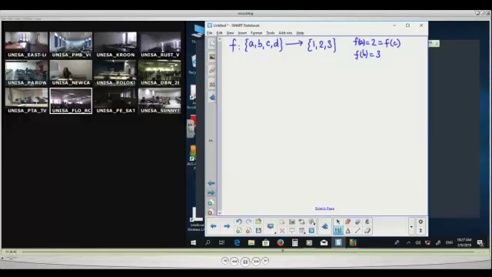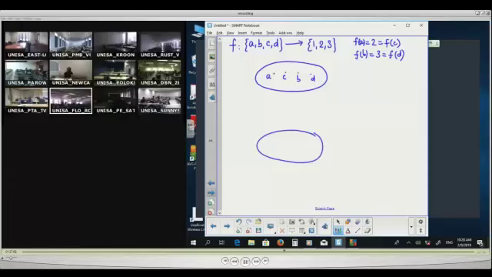I will often draw this in this way. So, you see as if there is a kind of a... right?